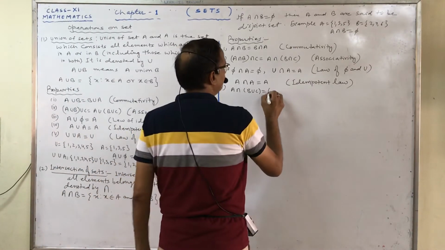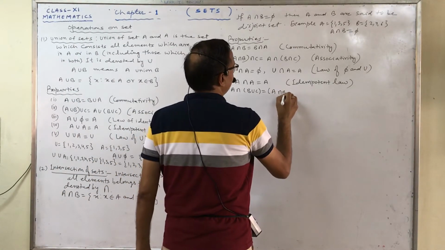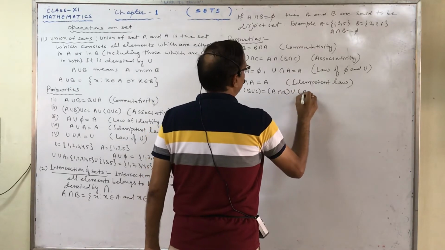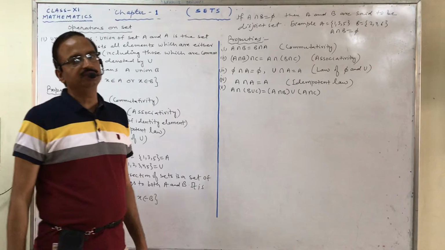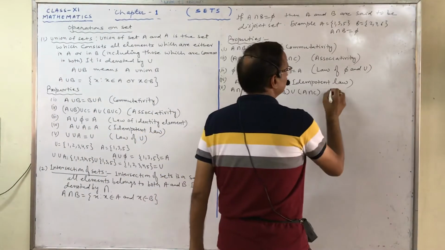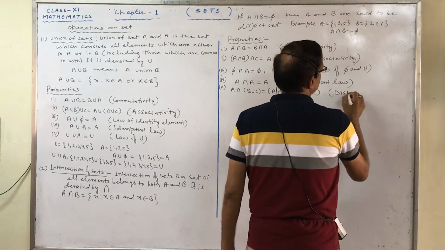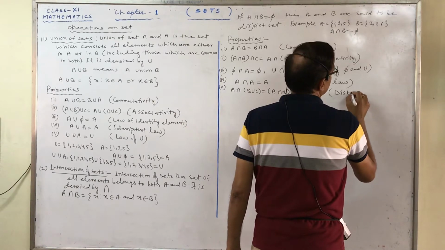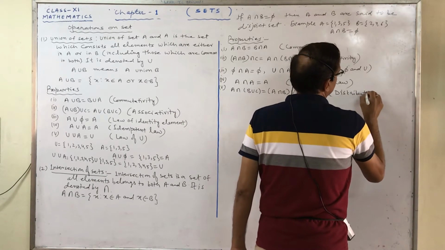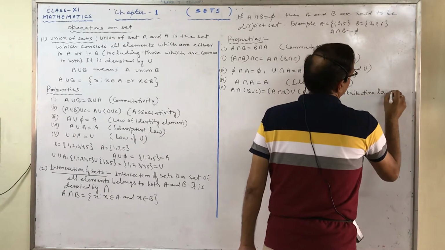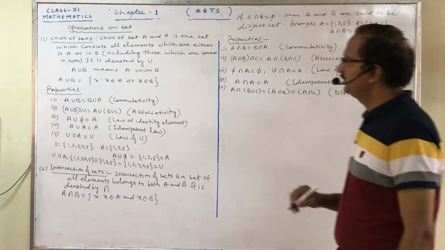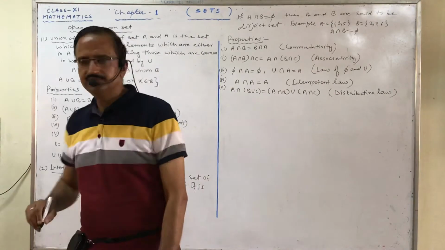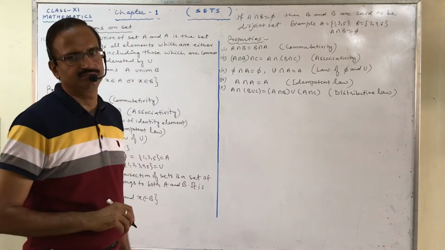So this is nothing but A intersection B union A intersection C. This is called distributive law. So these are the 5 properties of intersection of sets.